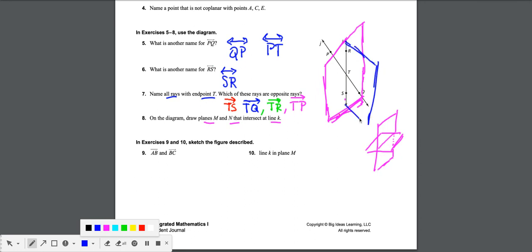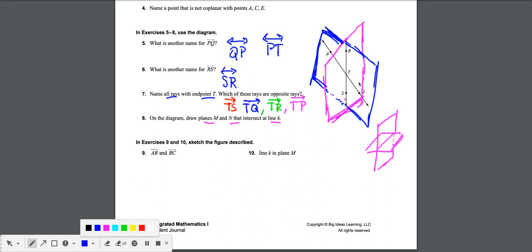I used a different color to emphasize that, and it has nothing to do with that other line. So something like this. Your drawing might look way different than mine, and that's okay. But that's the idea, to get one slice to go through another slice.